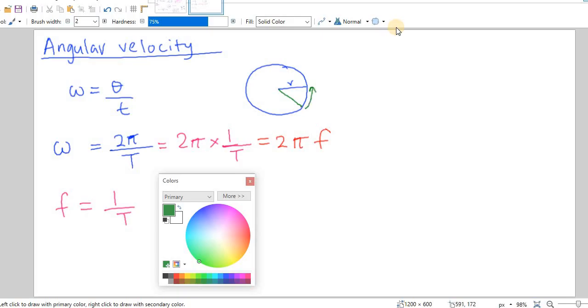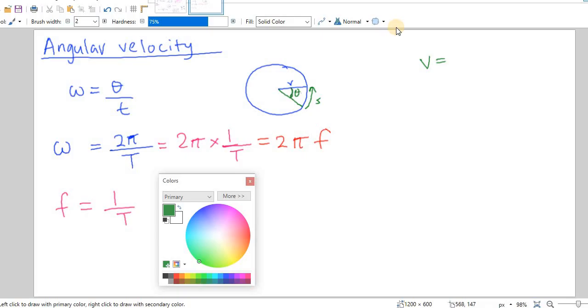The distance it moved, from here to here, is the arc length. And you know the velocity is equal to the displacement divided by the time. So let's say it took a time t to go from here to here. Maybe we can also label the angle theta.